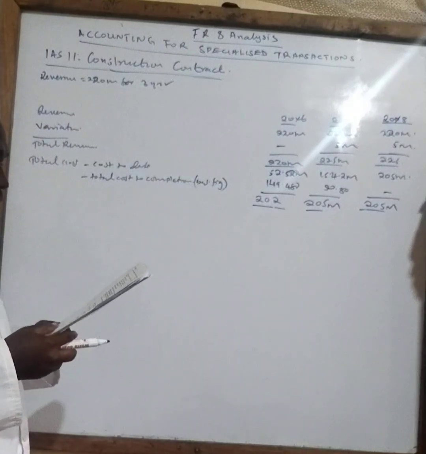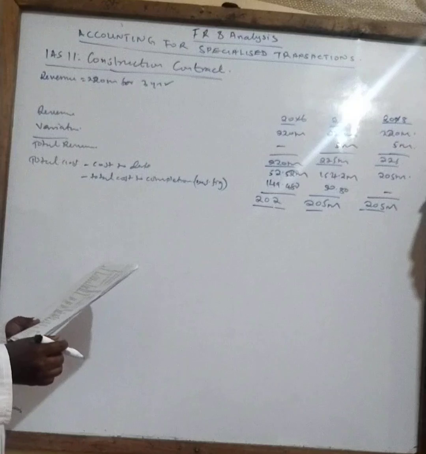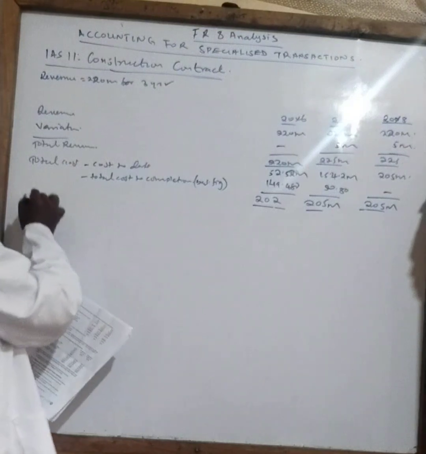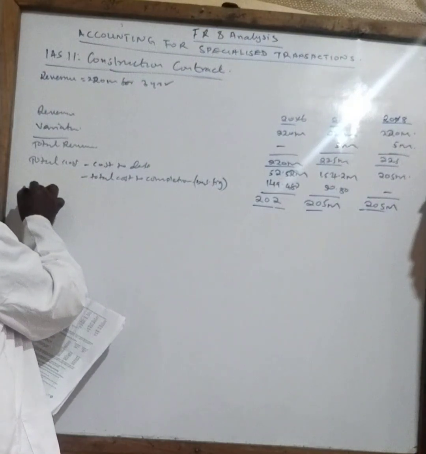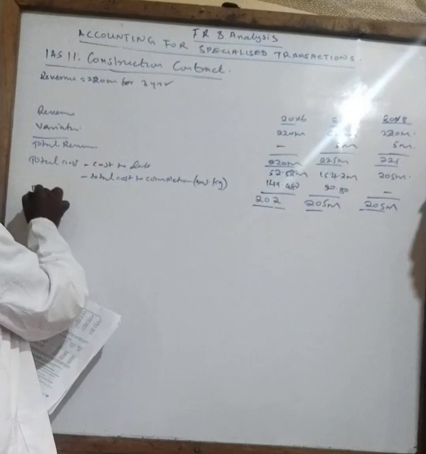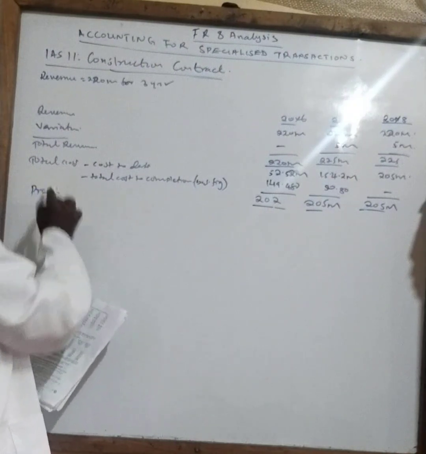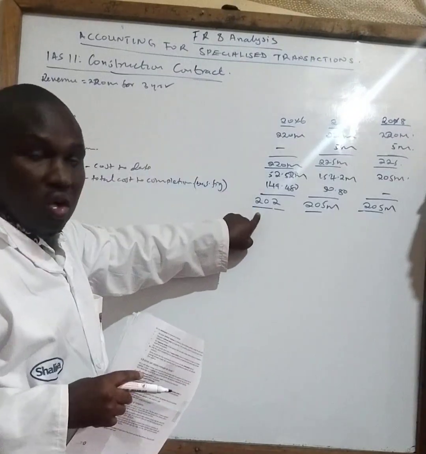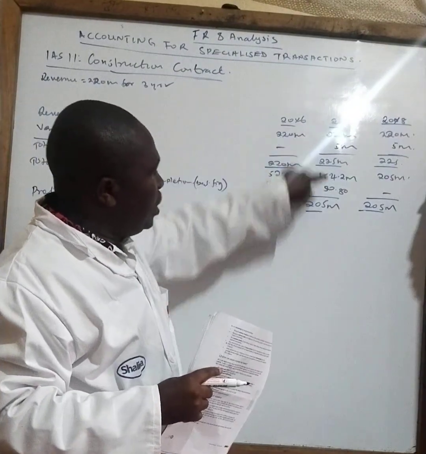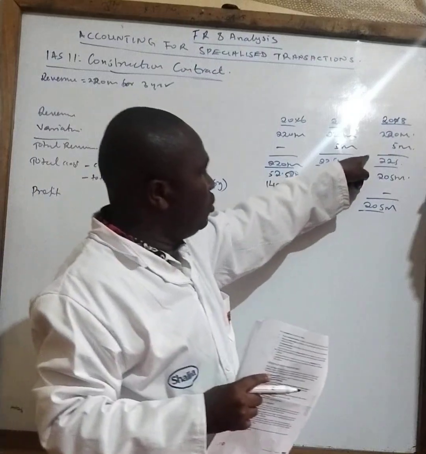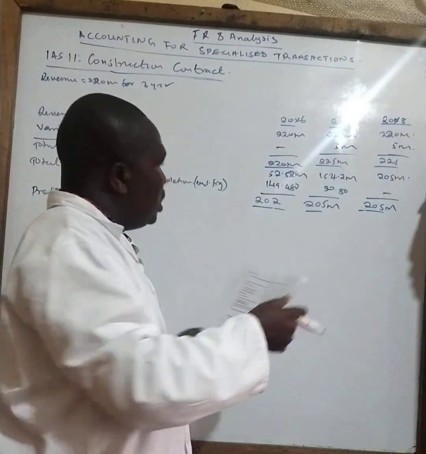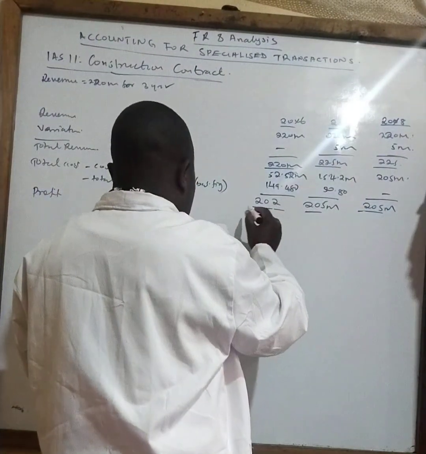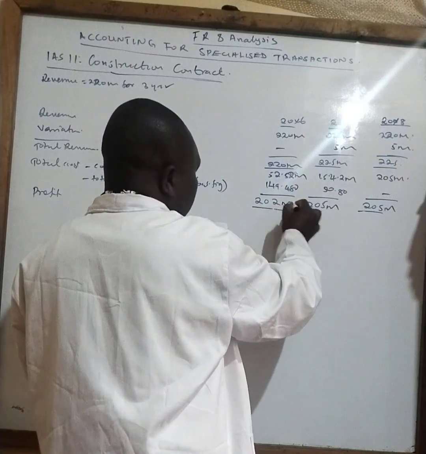Now, what will be the foreseeable profit? What is the profit here? Profit: 220 minus the total cost, 225 minus the total cost. If you subtract this minus this, this is in millions.